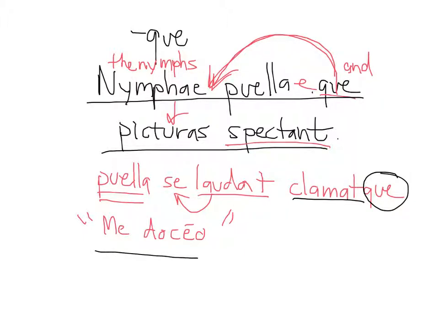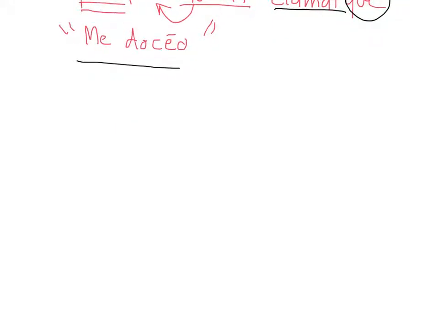The word que is translated in English before the word that it comes at the end of. The girl praises herself and shouts, I teach myself. It's a funny word the way that it's actually applied.